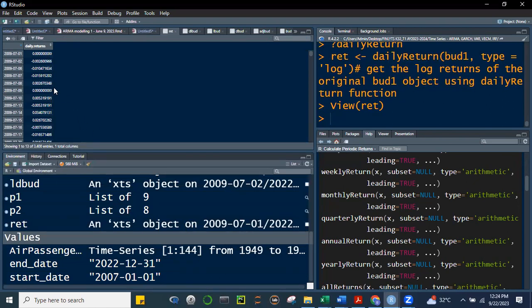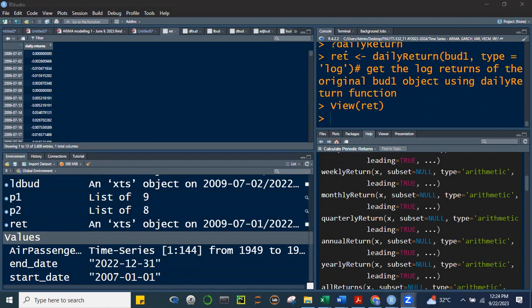Okay, so notice that yung una, the first item is 0. Bakit? Kasi to get the log returns, di ba ang formula niyan, the log of the value at time t divided by the value at time t minus 1. Okay, so that's how you get the log returns.